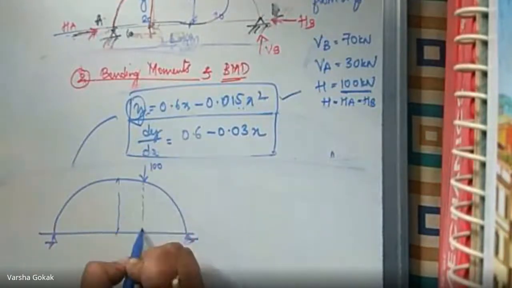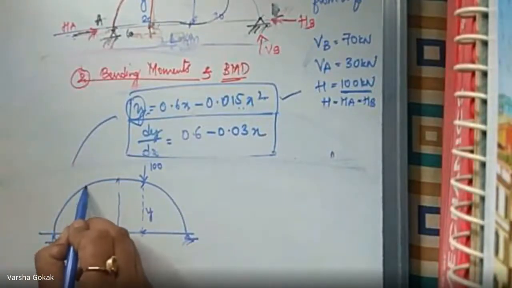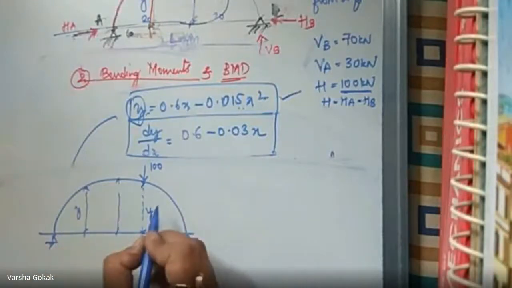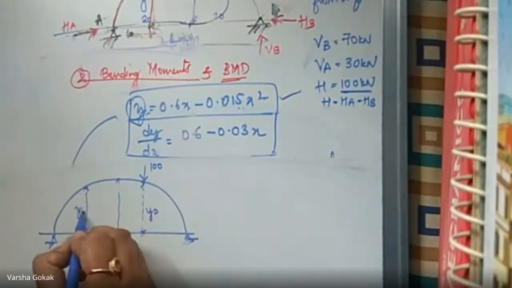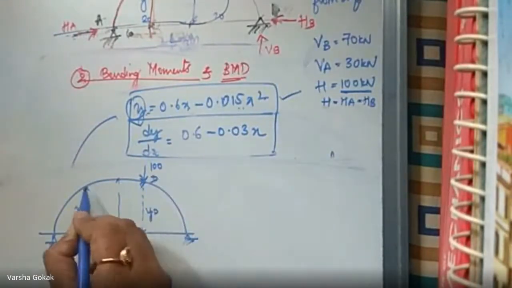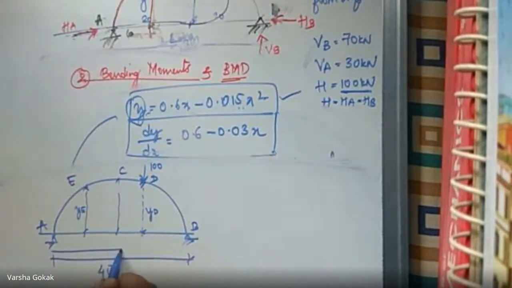I'll call this y, and at 10 meters, this is yd and ye. I'll call this point D and this point E. This is our A, B, C. Nomenclature, whatever you want, you can put. So total was 40 meters, so half of that is going to be 20. They have asked for this point E, that is thrust at 10 meters, meaning your x is here 10.